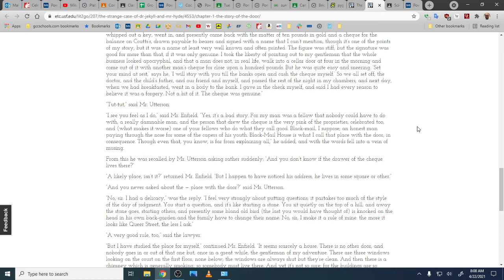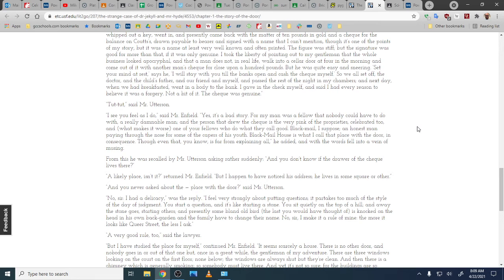Blackmail, I suppose, an honest man paying through the nose for some of the capers of his youth. Blackmail House is what I call that place with the door, in consequence. Though even that is far from explaining all," he added, and with the words fell into a vein of musing. From this he was recalled by Mr. Utterson asking rather suddenly, "And you don't know if the drawer of the check lives there?"